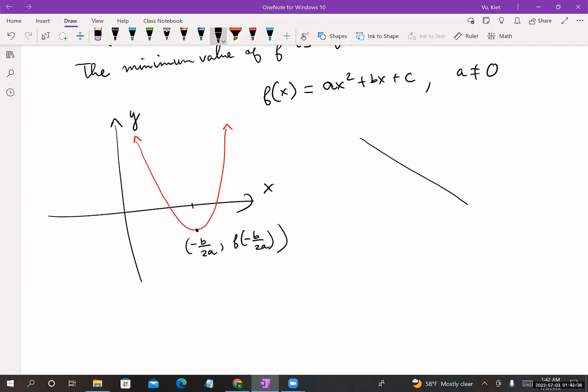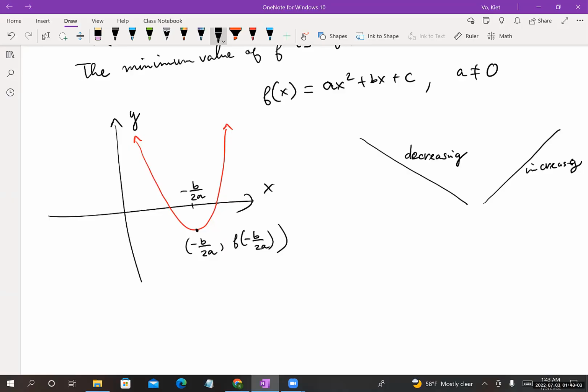So right here, at this point, the x value is negative b over 2a. But then on the right-hand side of negative b over 2a, the function would have this kind of shape here. Okay, so that means it's increasing. So on this side it's decreasing, and on this side it's increasing.